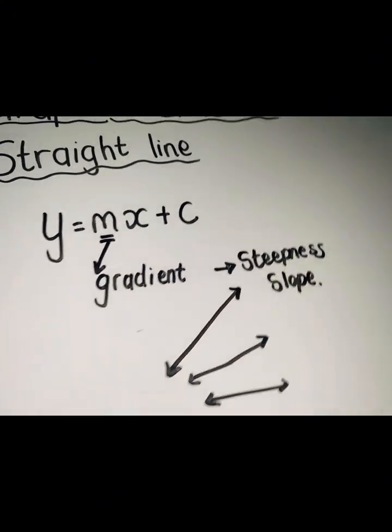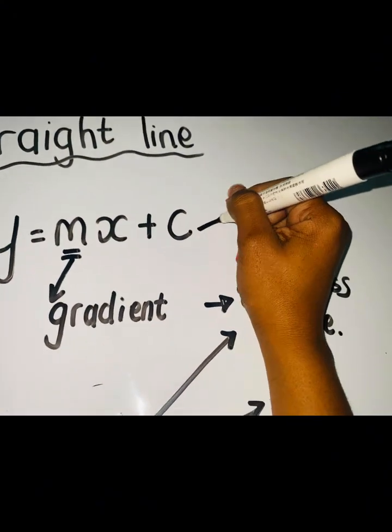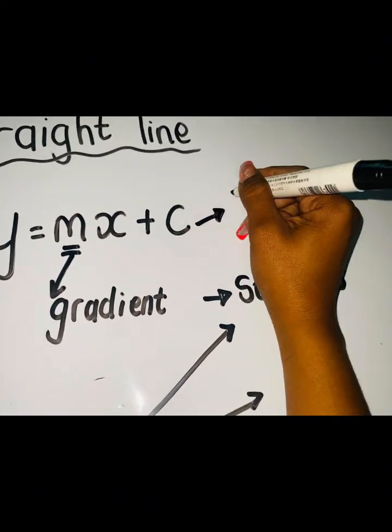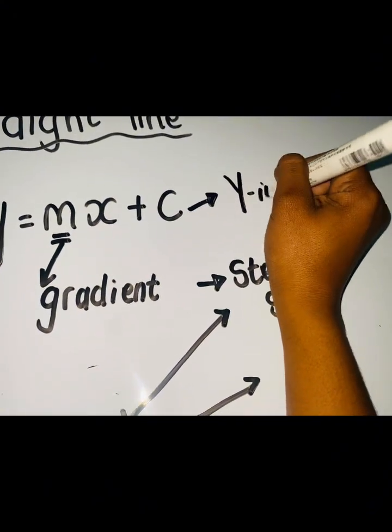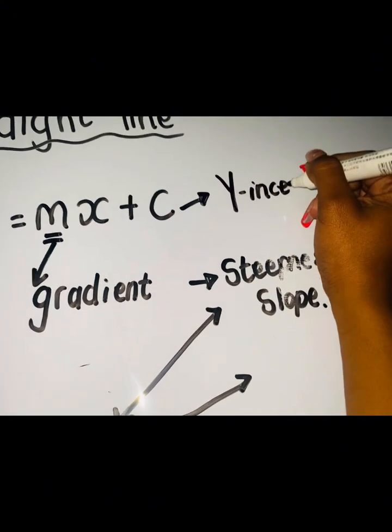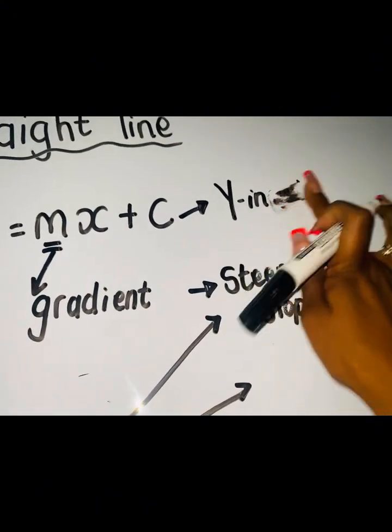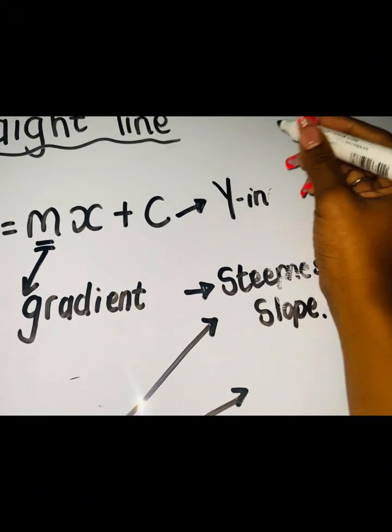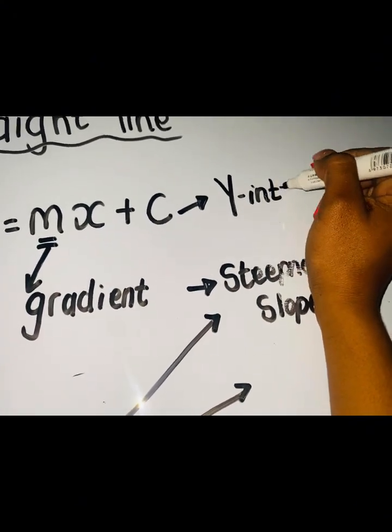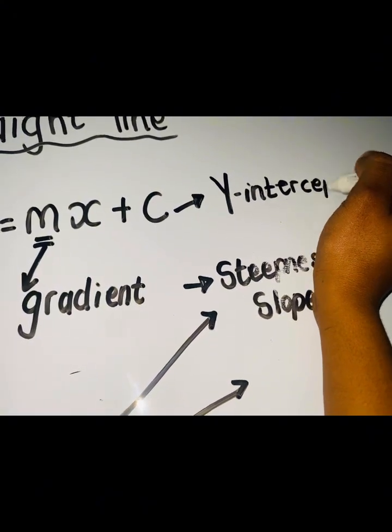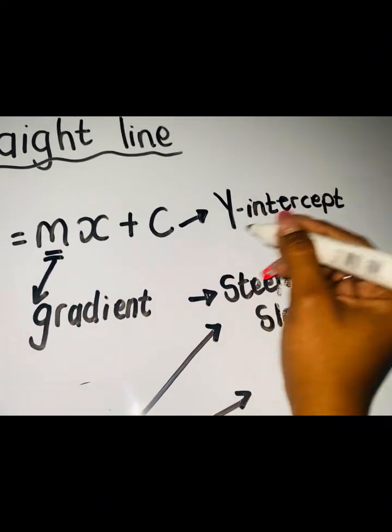Now let's focus on the letter C. Now the letter C, we call it the y-intercept. This is a point at the y-intercept. This is not how you write intercept, but oh, the English is going. Intercept. Yes, the y-intercept.